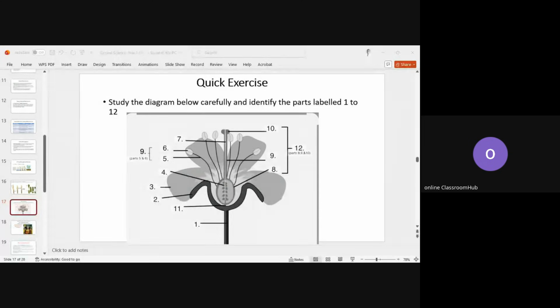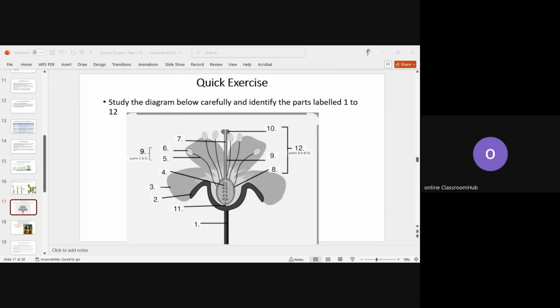Six. Anther. Anther. Thank you. Seven. The pollen tube.